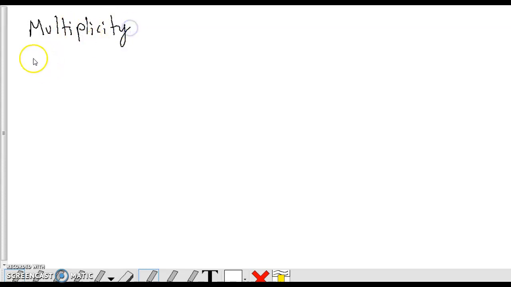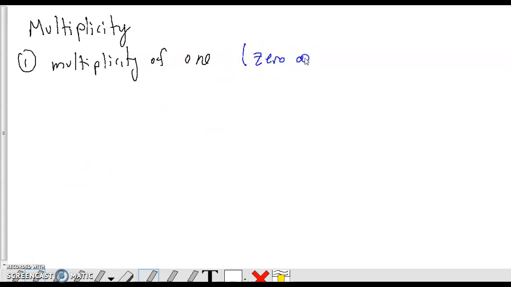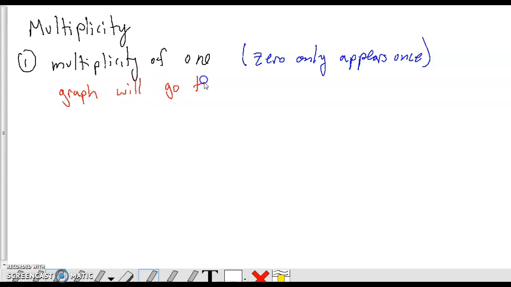There we go. Multiplicity. Okay, so if you have a multiplicity of 1, which means that your 0 is only appearing once, what's going to happen is your graph will go through the 0.